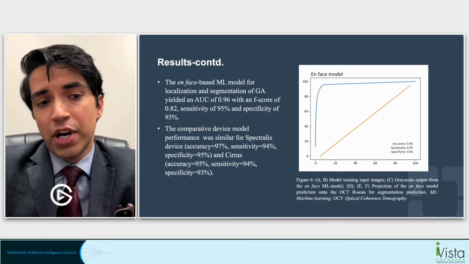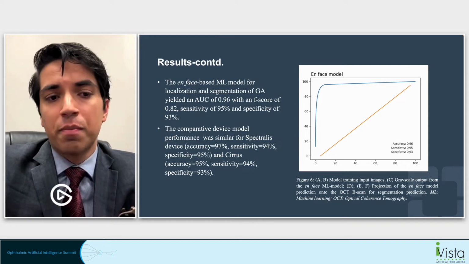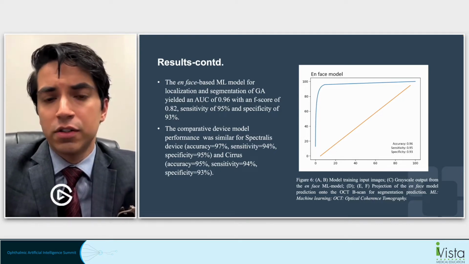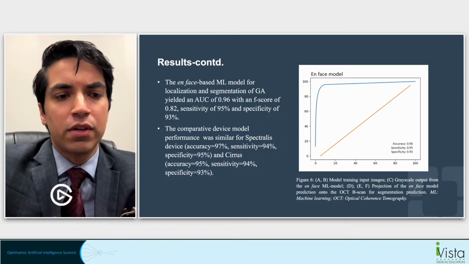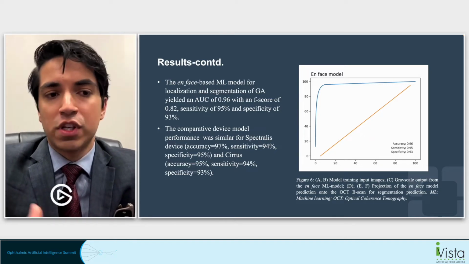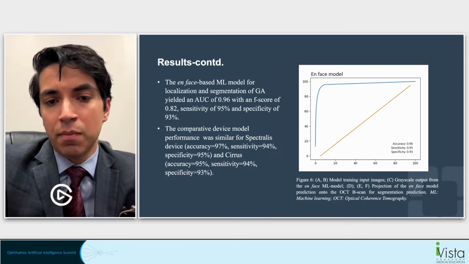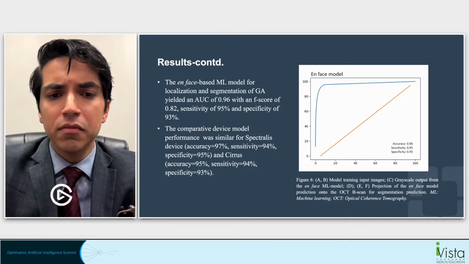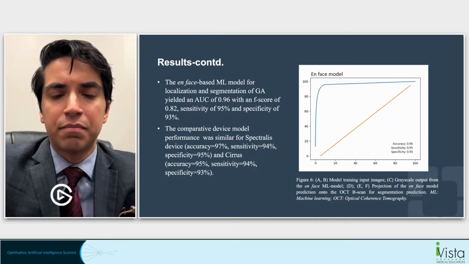The comparative device performance was very similar between the two devices as well. That is to the credit of the model and the dataset, which was diverse enough that it is able to perform well regardless of what device the images came from. The figure here shows the ROC curve.